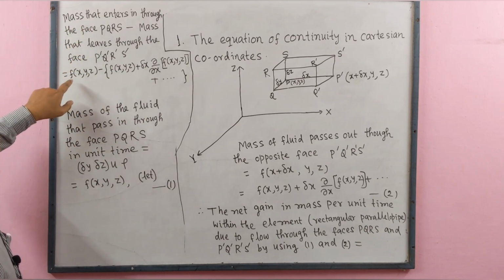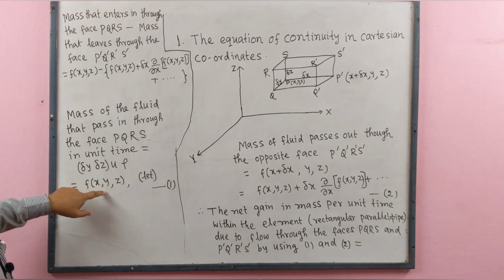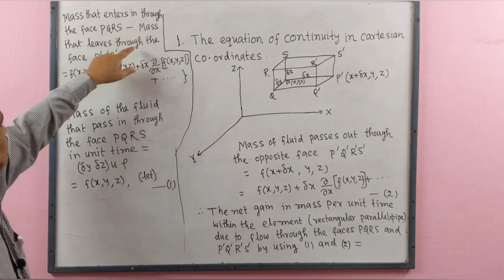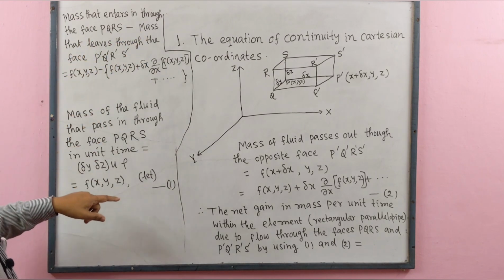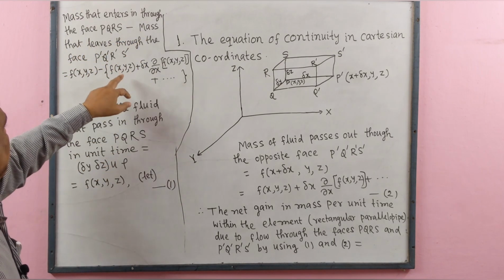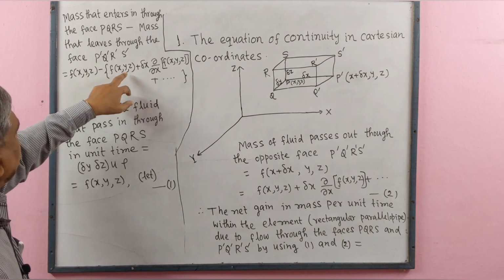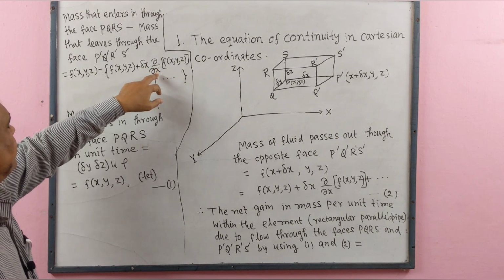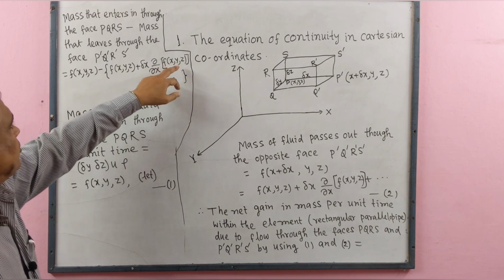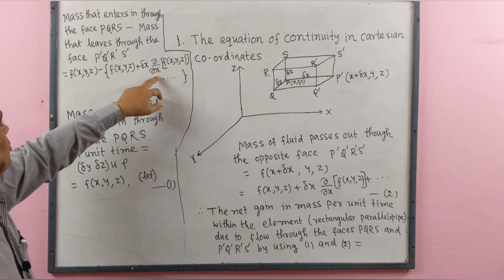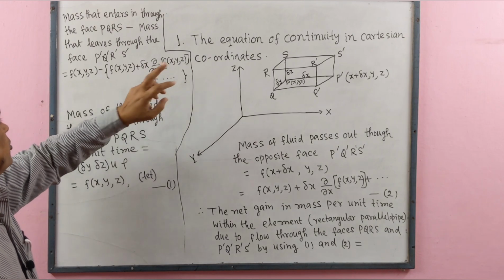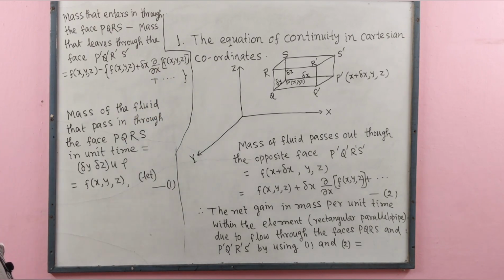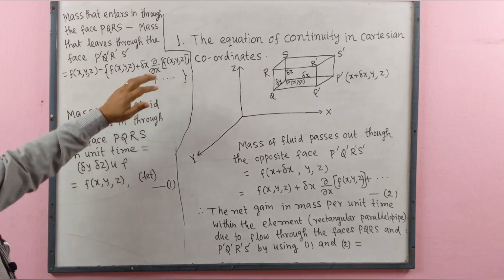This is a function of x, y, z, number 1, and this part is a function of x, y, z plus delta x partial derivative of f of x, y, z with respect to x plus dot dot dot. Now we calculate this.